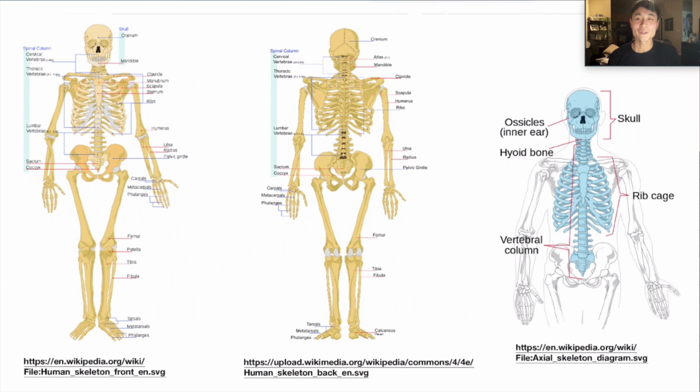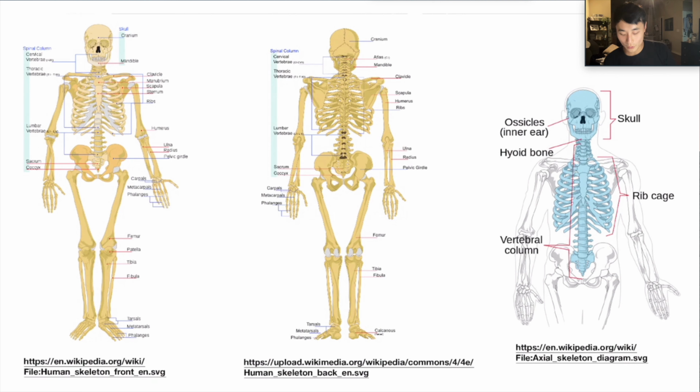So first, we're going to look at how the bones are oriented. That's the important part when looking at the skeleton or whichever bones you're looking at, whether it's facing forward or backward or lateral. Forward is anterior, backward is posterior. So if you look at this image, you can see that the left image is facing forward.